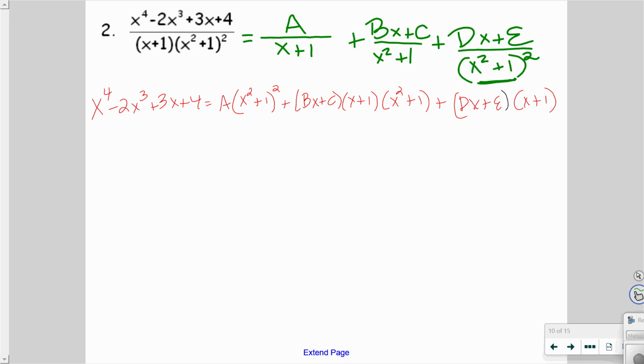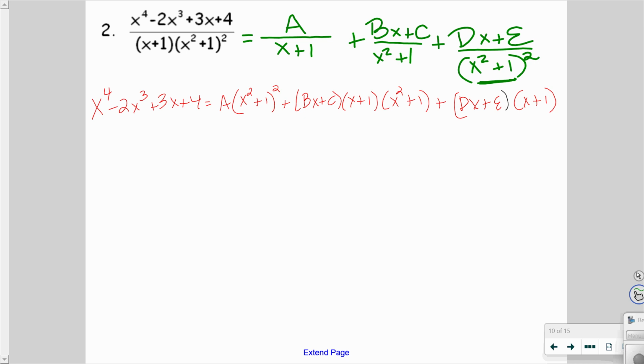I would suggest doing convenient number first. Austin, what's our only convenient number? And what does that solve for? A, B, C, D, or E? A. So that is my suggestion for you to be successful on this one.